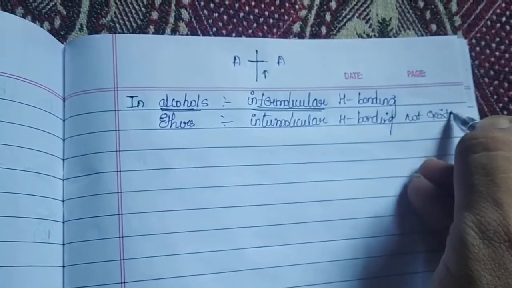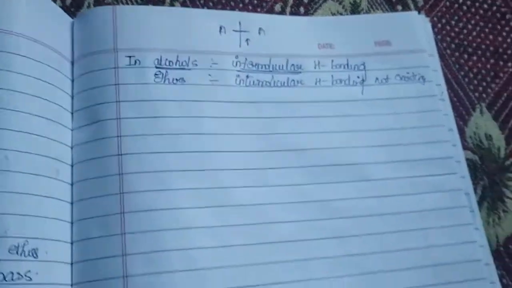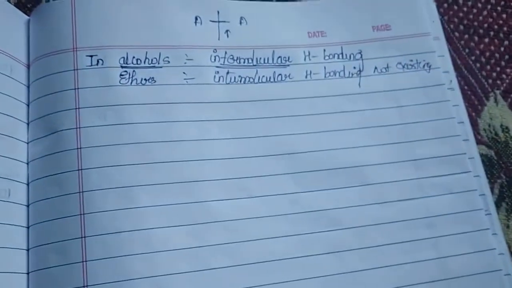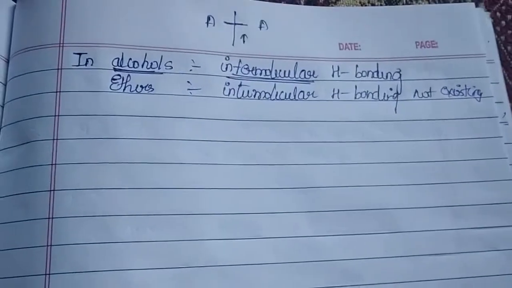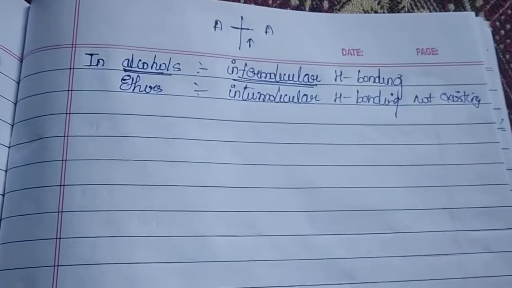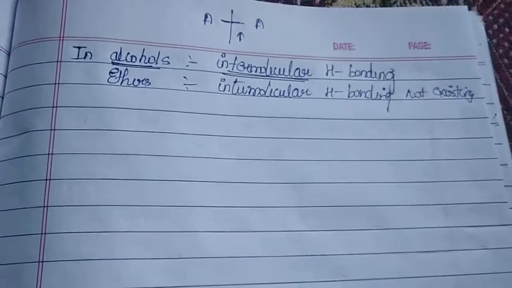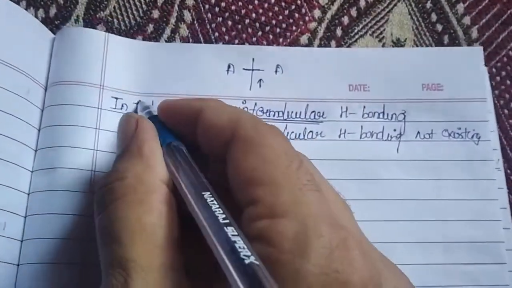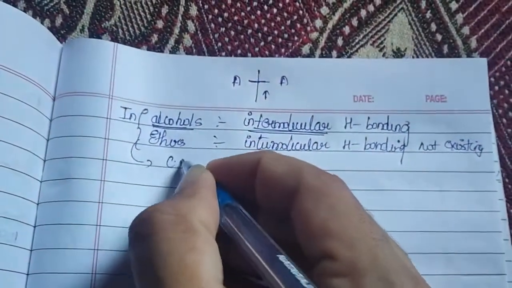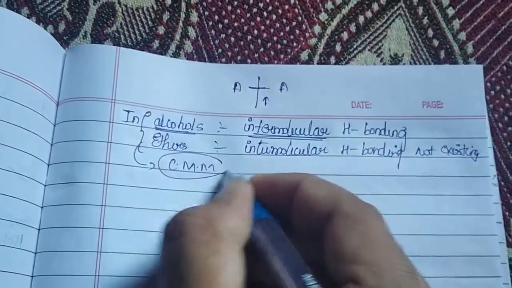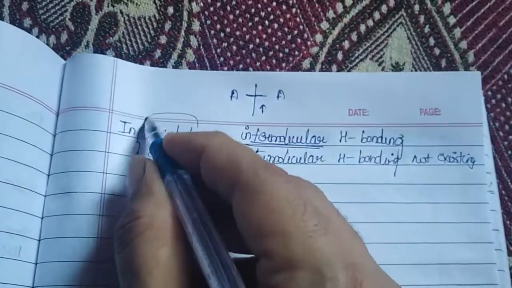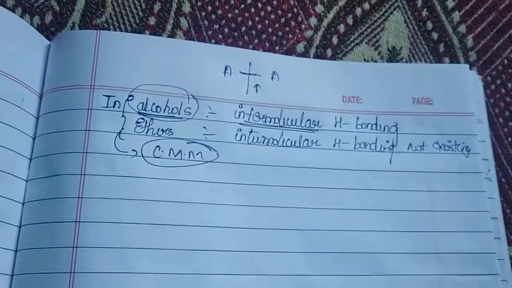So what is the first important thing that strikes our mind over here? Compared to ethers and alcohols of a comparable molecular mass, remember, alcohols will be having the highest boiling point.